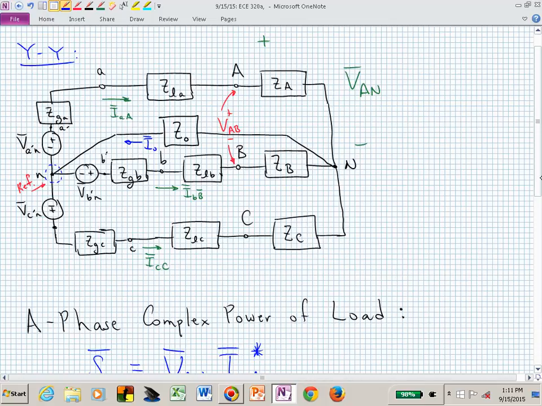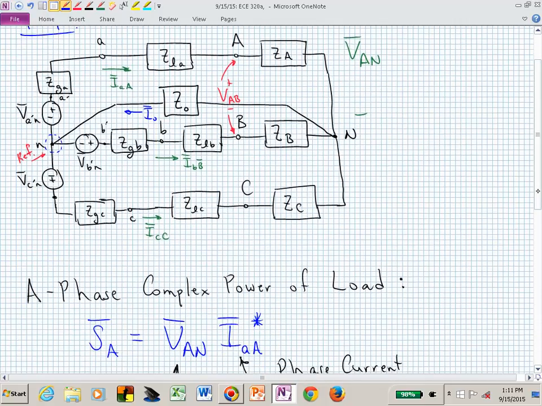But I hope it's okay for you to believe that the complex power in the A phase is the voltage dropped across that A phase load times the complex conjugate of the current going through that load, which is V sub AN I sub AA star.